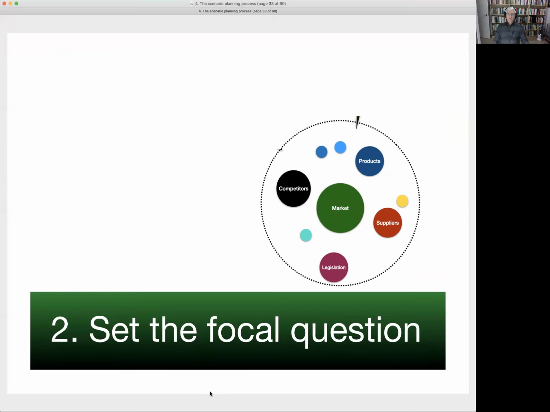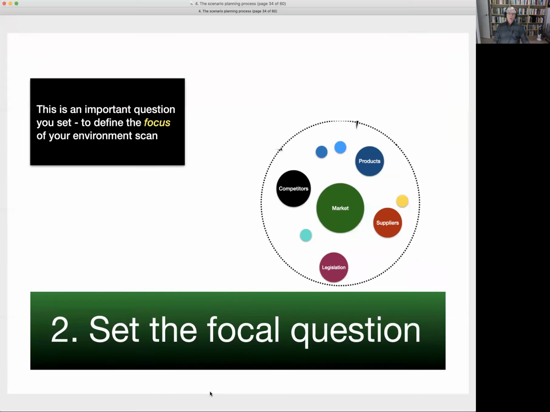As I mentioned, the focal question really concerns identifying which market you're interested in. And it's the market into which your business idea is focused. So the question is important because it focuses the environmental scan.